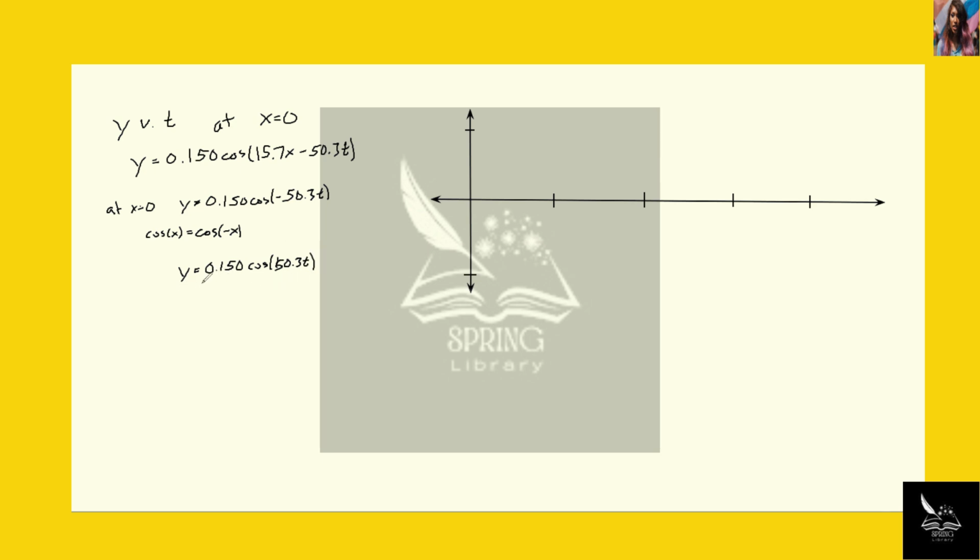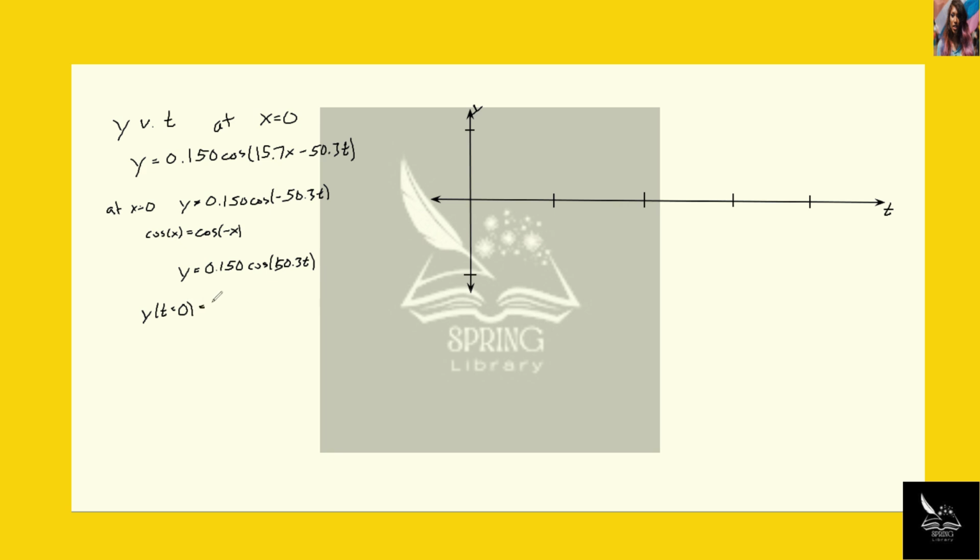So now we can plot this function here, and we'll put y on the vertical axis and t on the horizontal axis. So we can start with just plugging in values of t. We know that we can plug in t equals 0 here, and cosine of 0 is going to equal 1, and 1 times 0.150 equals 0.150.